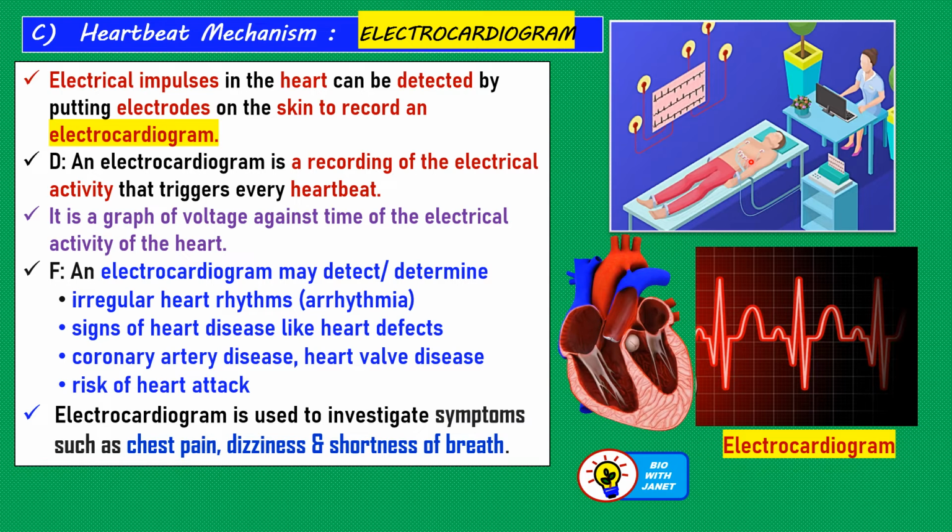If the doctor suspects there's something wrong with the heart, the electrocardiogram can be done, and from the pattern of the graph, they'll be able to detect any irregular heart rhythm, where the heart beats fast and slow and is not following the normal heart rhythm.